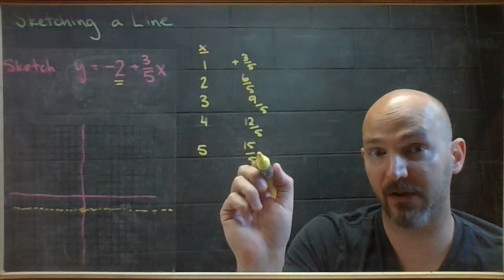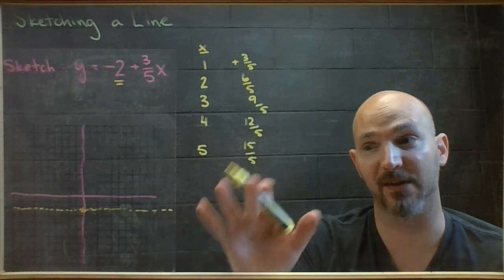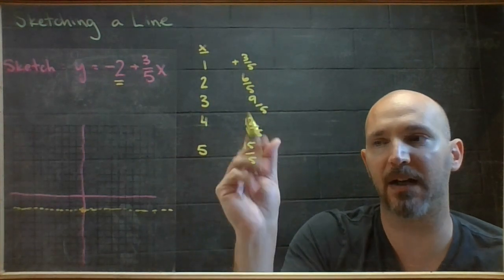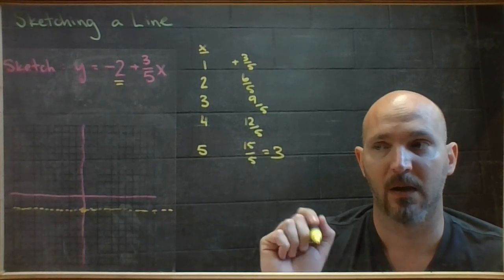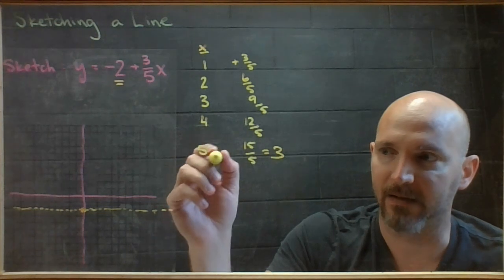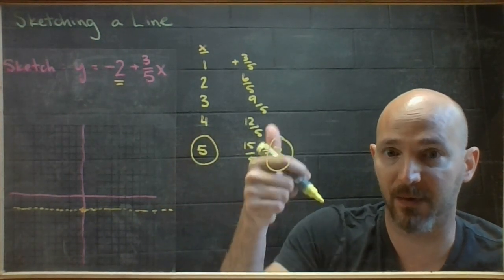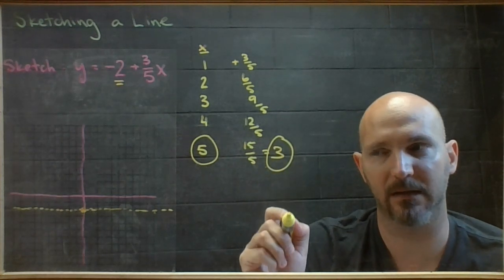Now that fraction there, or forgive me, there are no such thing as fractions. There's just divisions that we can't do cleanly. 15 divided by 5 is 3. So that's going to happen again, right? Every 5 steps, I'm going to end up with 3 squares being added up. Now I can count that cleanly.